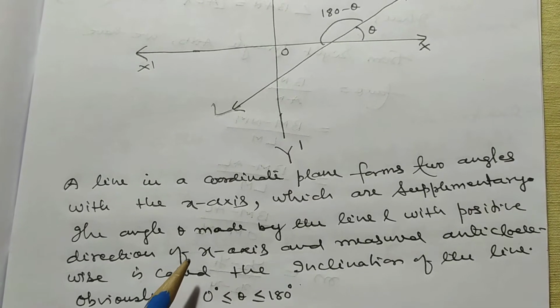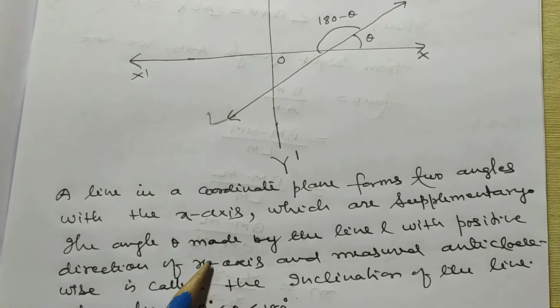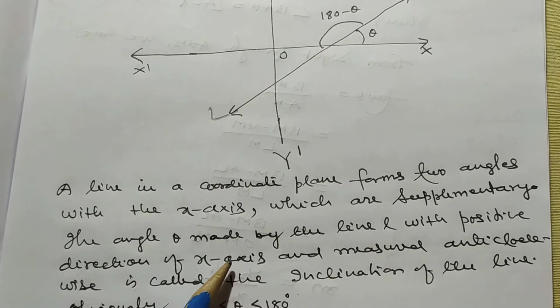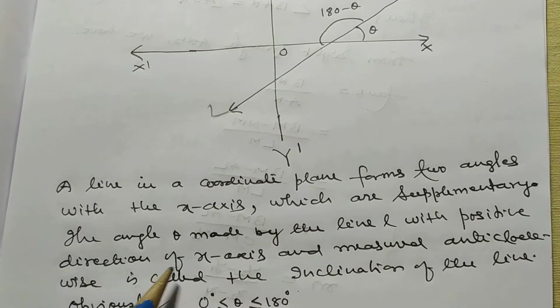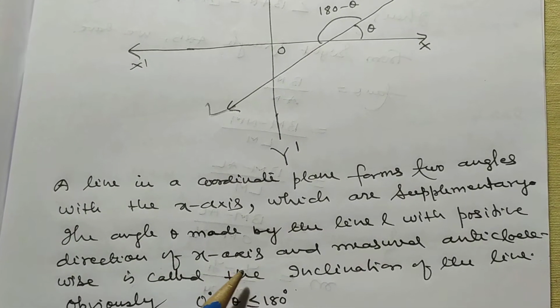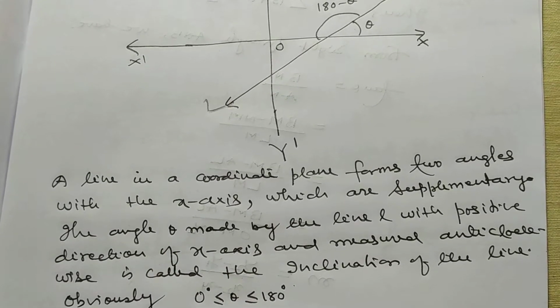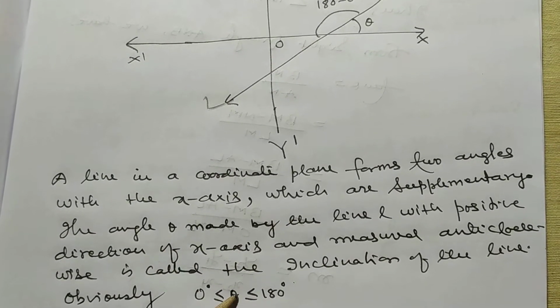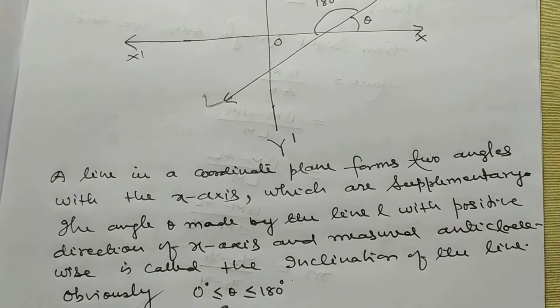The angle theta made by the line L with the positive direction of the x-axis and measured in the anti-clockwise direction is called the inclination of the line.